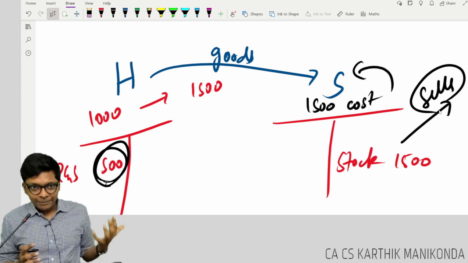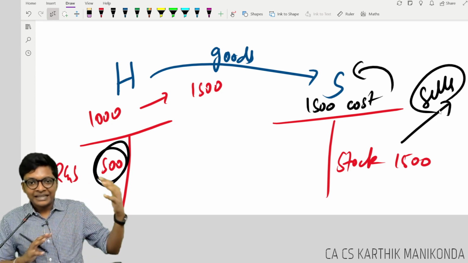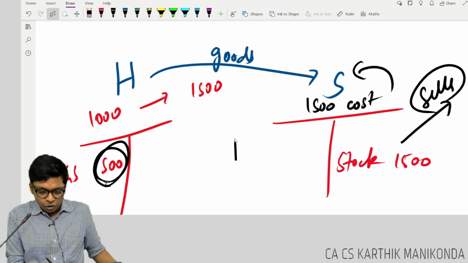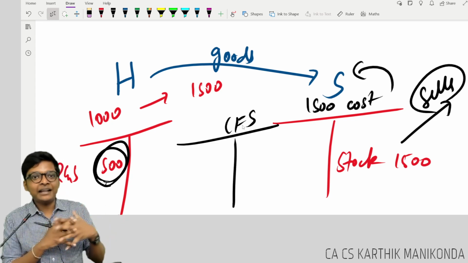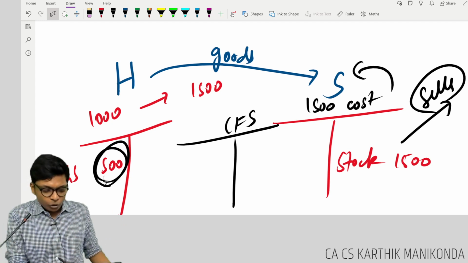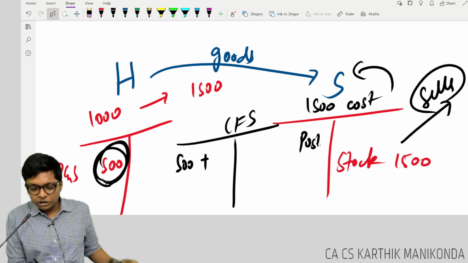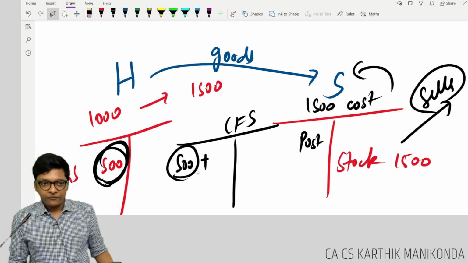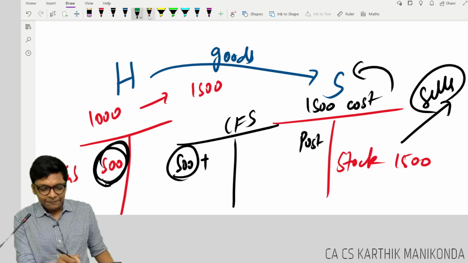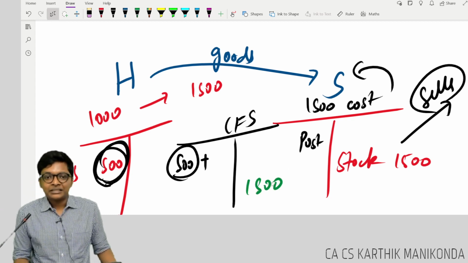So here, when I prepare consolidation, consolidation is nothing but line by line addition. When I prepare the CFS of holding, reserves I will add up. Typically what I am doing is adding this 500 with the post acquisition reserves of subsidiary, correct? So I will add 500 here, and for subsidiary stock also I will add, stock will become 1500.